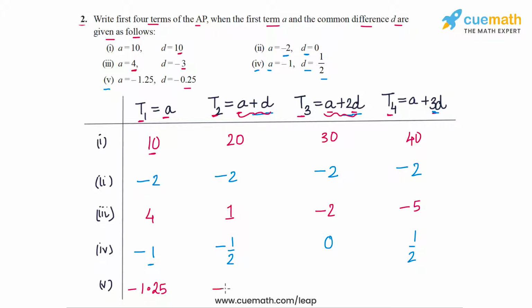So T2 will be minus 1.50. T3 will be minus 1.75. I'm just going back 0.25 units from each term to get the next term. And then T4 will be equal to minus 2.00. So with that, all the 5 parts of this question are done.